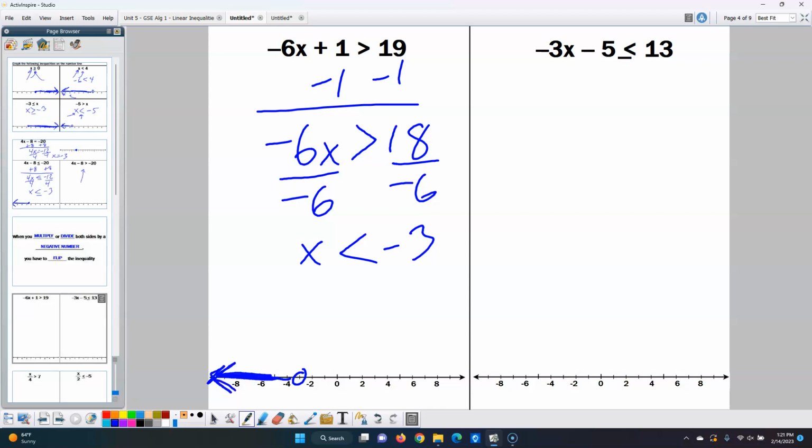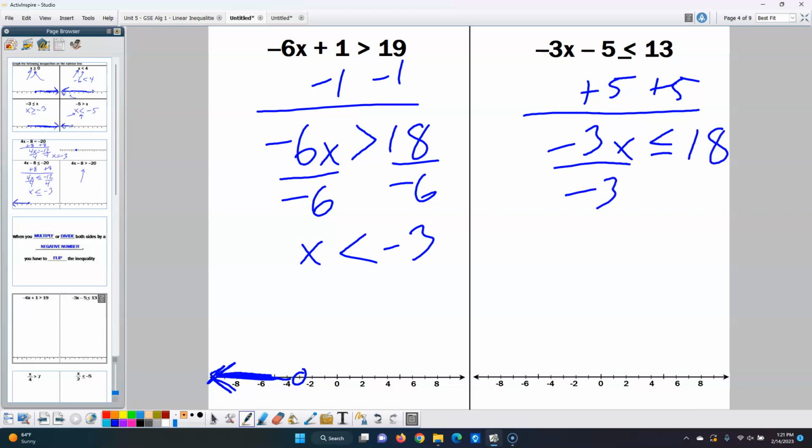Same thing on the right side. I'd add 5. It'd be -3x is less than or equal to 18. And divide by -3, divide by -3, that's x is less than or equal. Whoa.